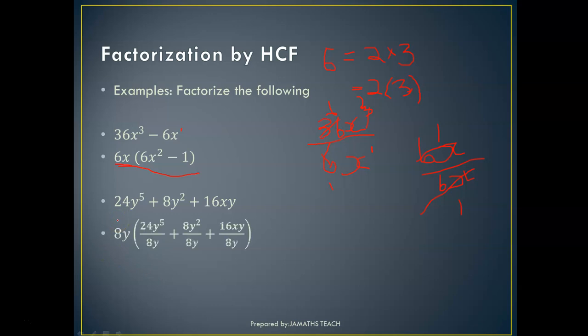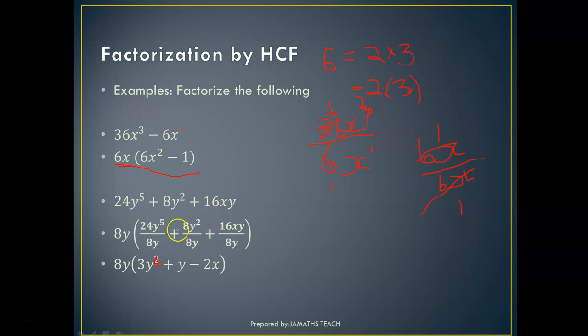Then we divide each of these terms by the common factor. 8 into 8, 1. 8 into 24, 3. And 5 minus 1 gives y to the 4th power.